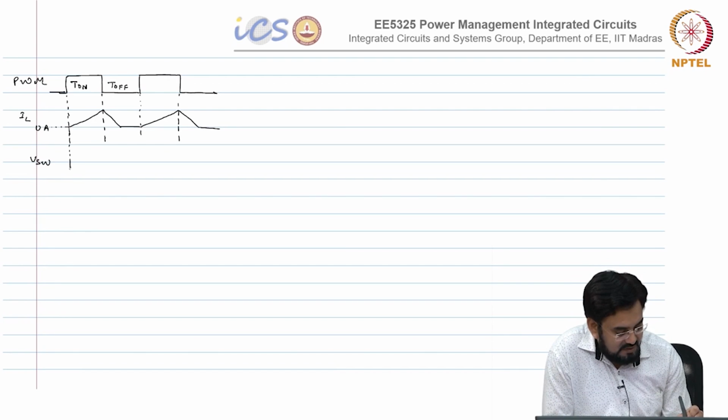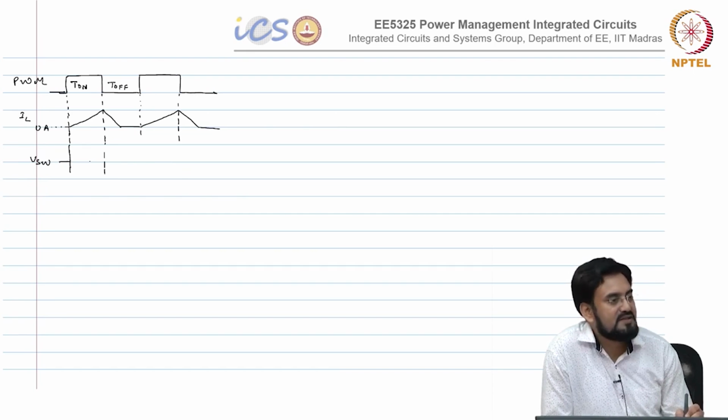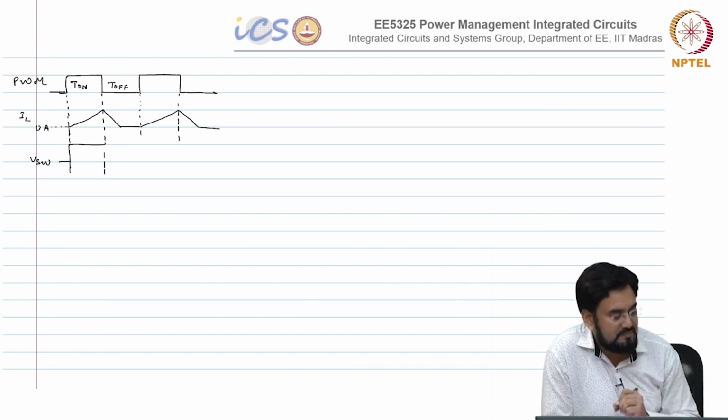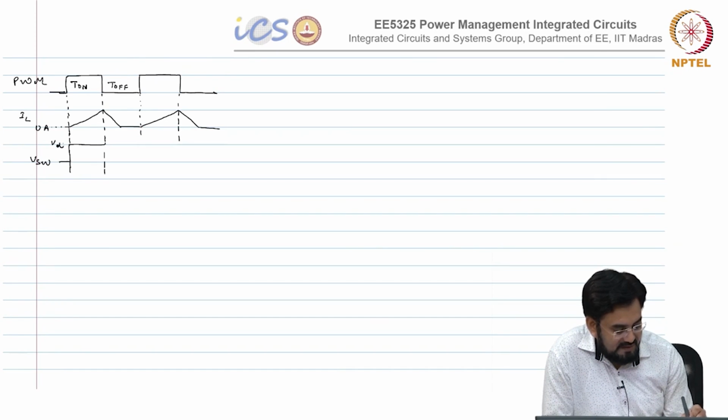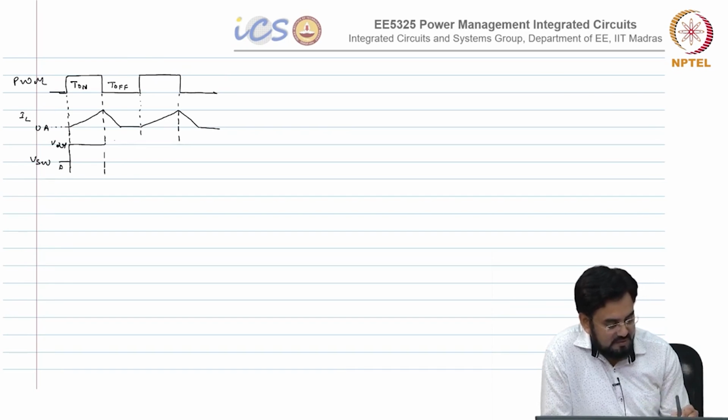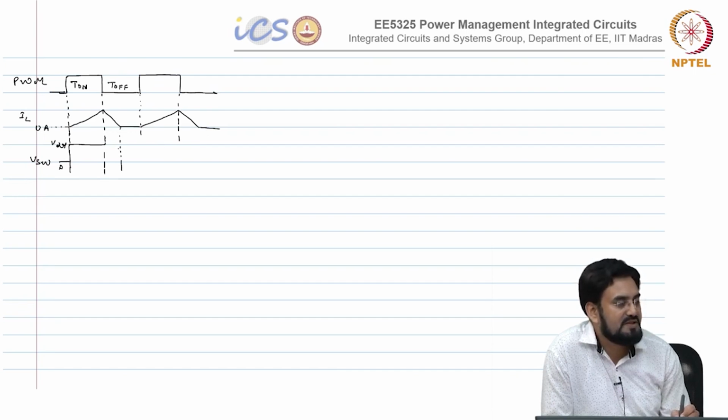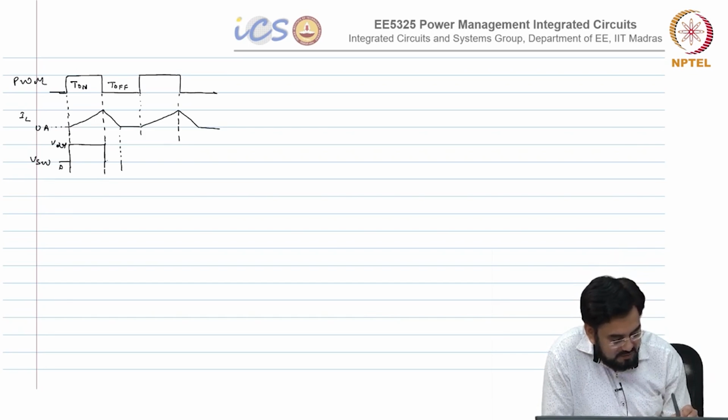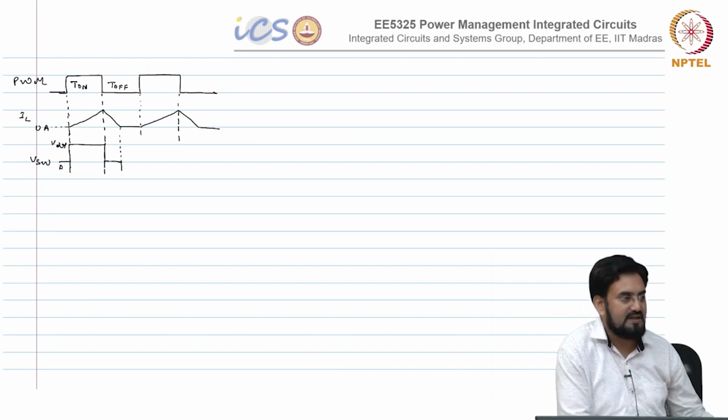Let's plot the VSW. How will it look like? So, when PWM is high, VSW should be, okay, and this will be VDD and this will be 0. What would happen here in this case? When PWM goes low, what should be the VSW? Your bottom FET is turning on, it should go low. What would happen here? It will remain low or go somewhere else when current goes to 0.